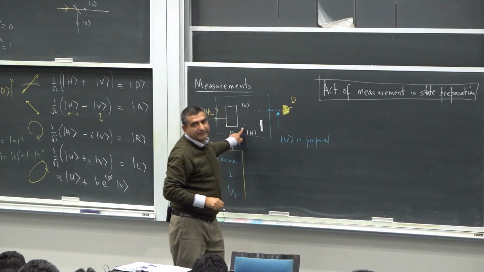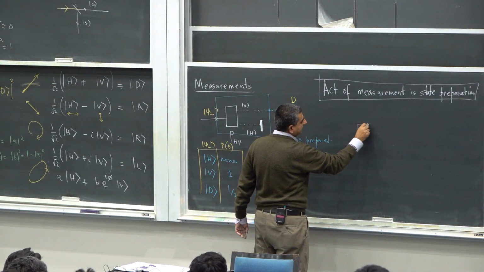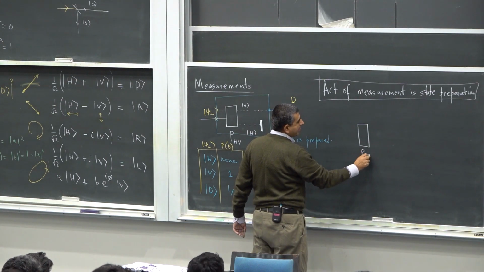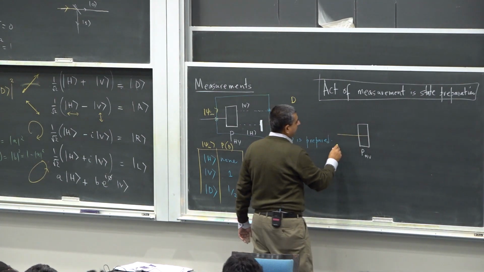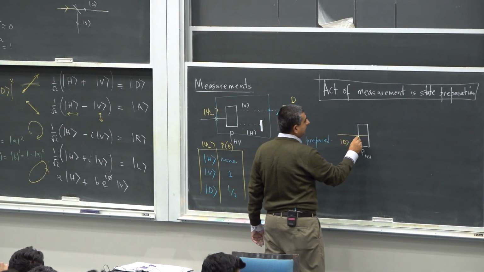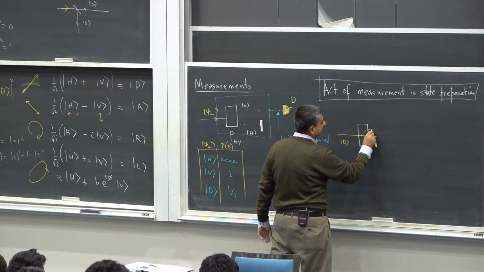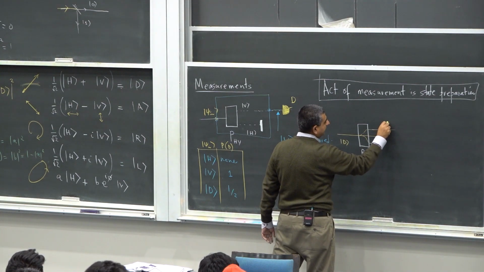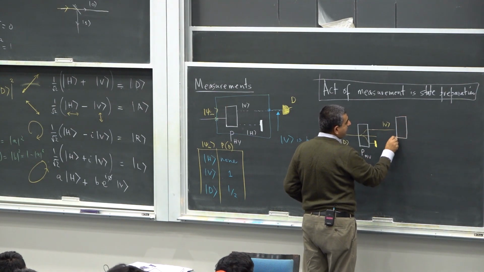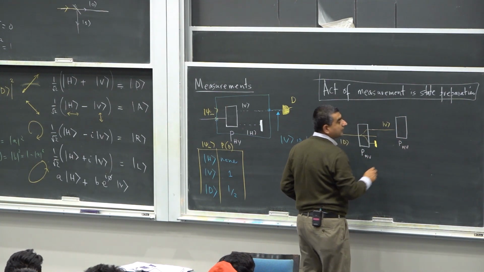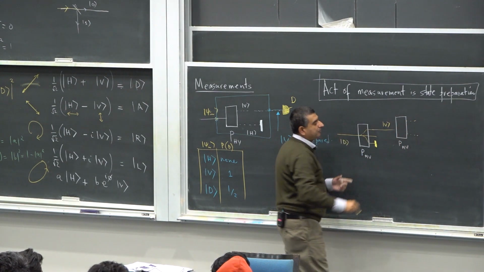Now if you were to take this arrangement, polarizing beam splitter HV, ket D comes in, you put a block here, you block this path, here you have created ket V. If this were to go into another PBS HV, which of these output channels are going to be populated?